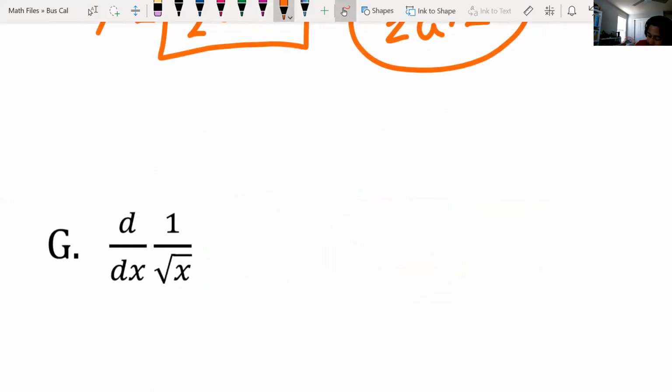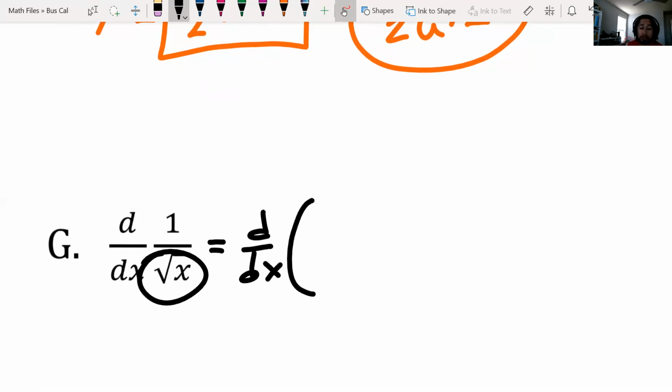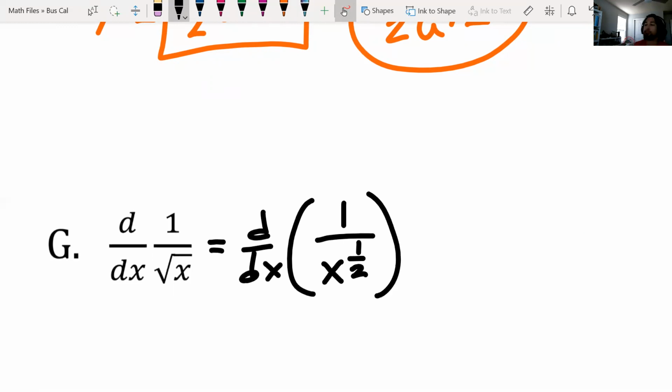So this is going to become d over dx of, and my first rewrite is changing this square root of x into an exponent. So I'm going to get 1 over x to the 1/2. So we have just rewritten from radical to exponent.